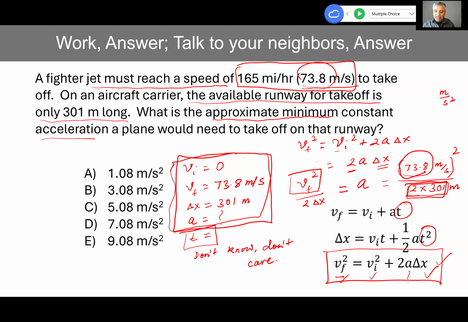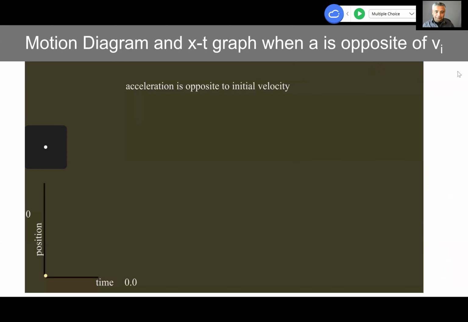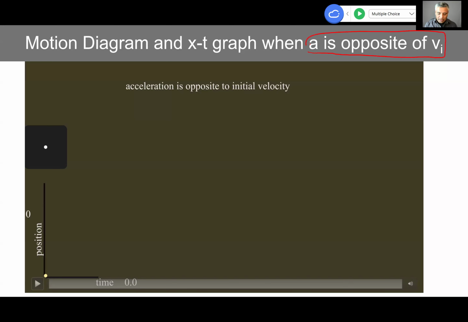Okay. Speaking of acceleration, let's see the motion diagram of an accelerating object. In this case, what I'm saying is acceleration is in the opposite direction to the initial velocity. So here is my object, and these white dots are the motion diagram. I also have this graph, the position and time graph.